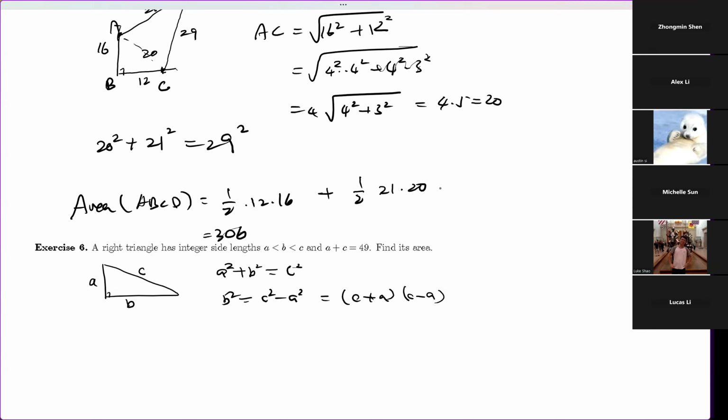What you really need to know is b. So c plus a is 49, and c minus a, this is a perfect square, right? Then you find the possible values for b, c and a. Because b squared is a perfect square, so c minus a should be a perfect square.